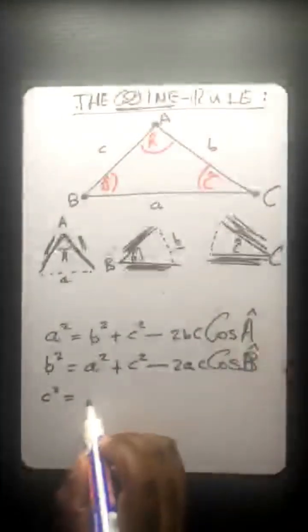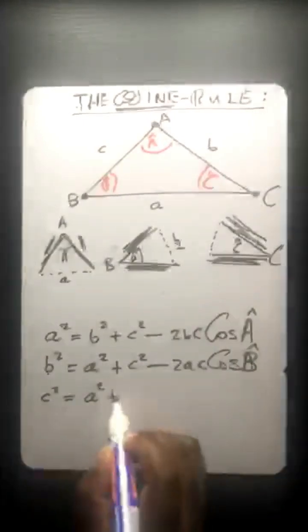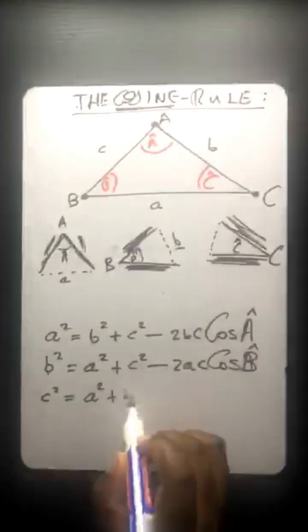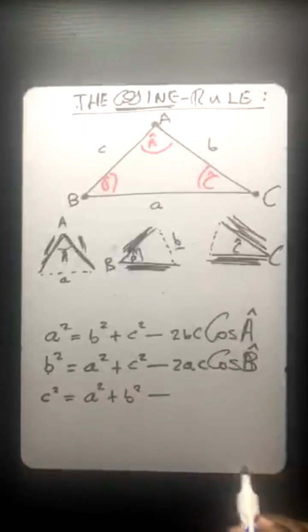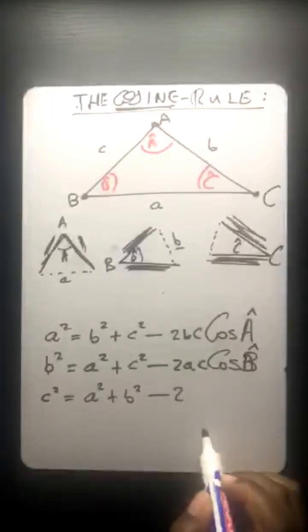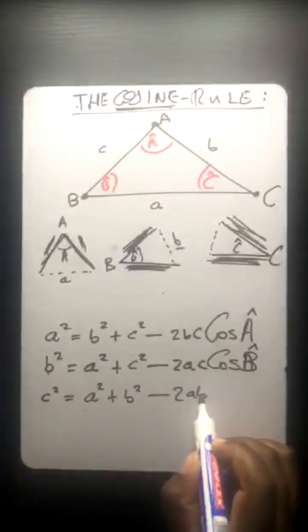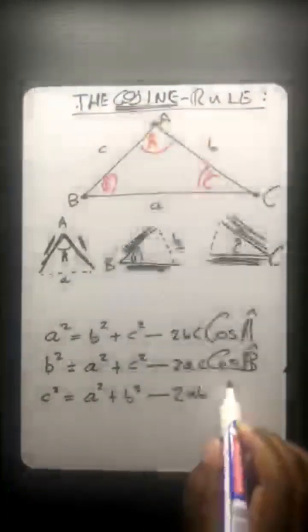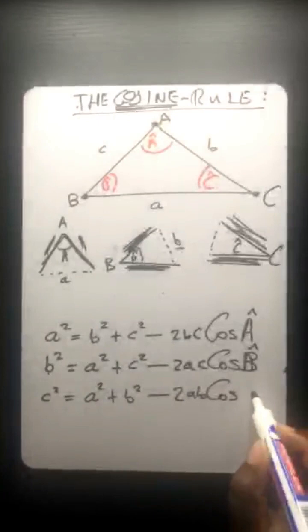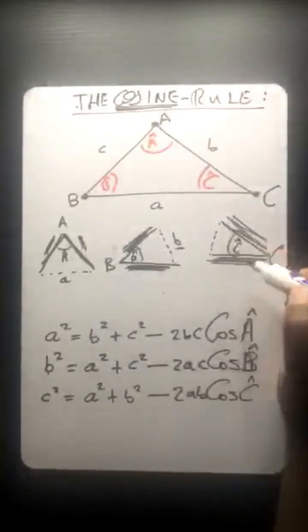I think we've got side A and side B. So I'm going to start with side A and say a squared plus the other side b squared, minus 2 of the same sides AB. Hey, we are still on the cosine rule. That is why we're going to say cos of that angle there.